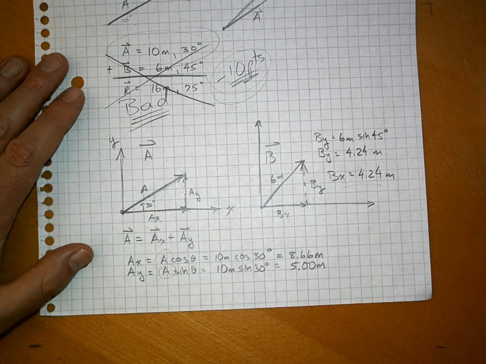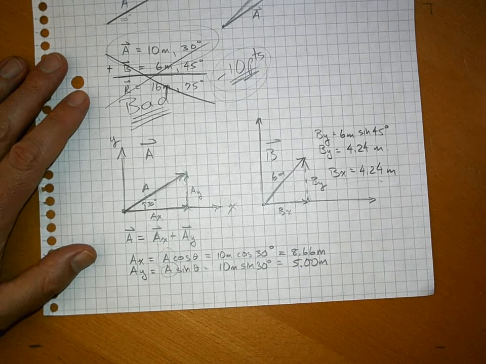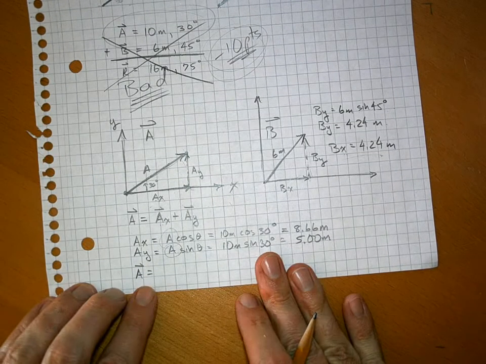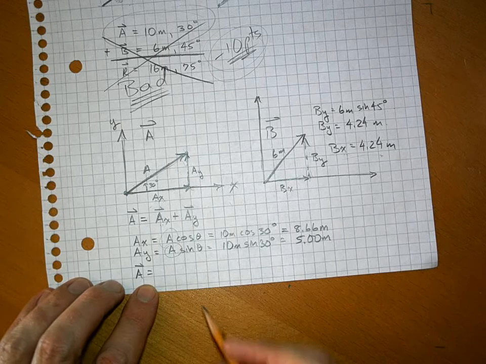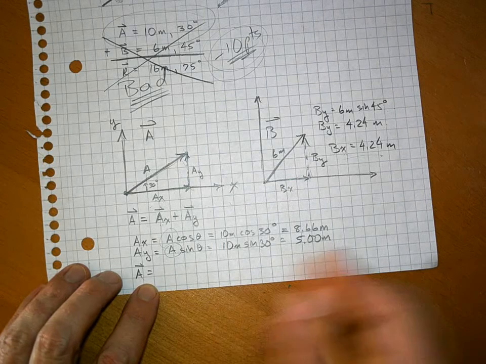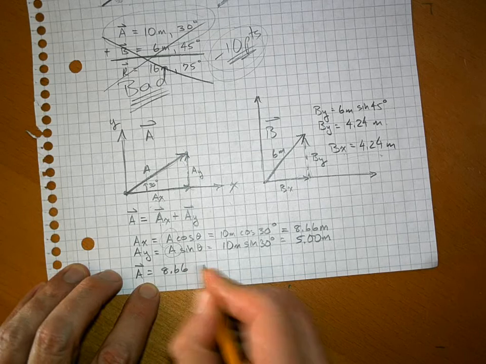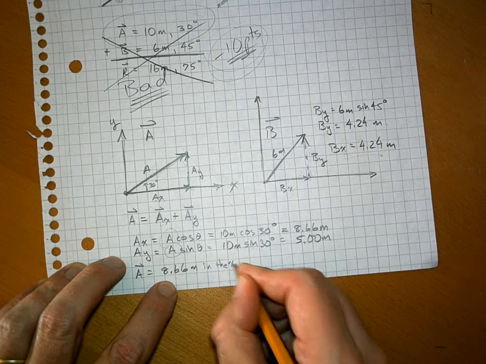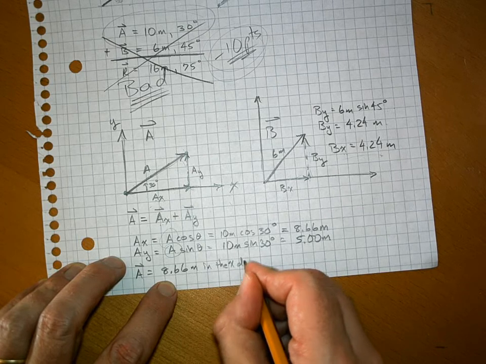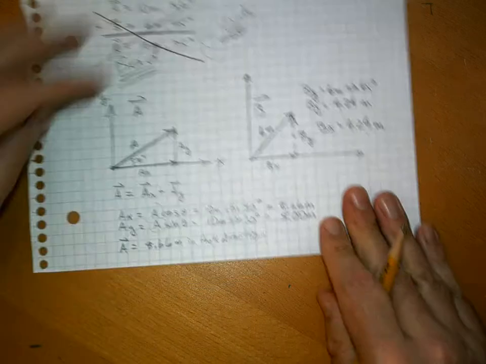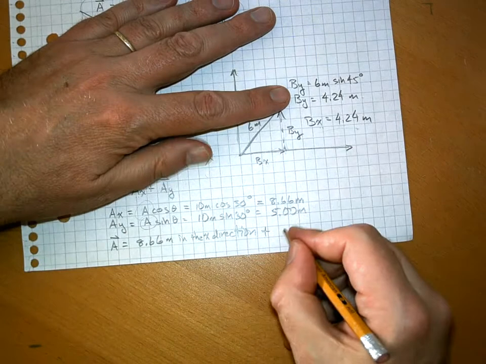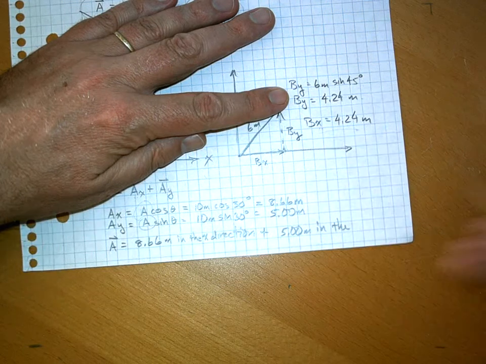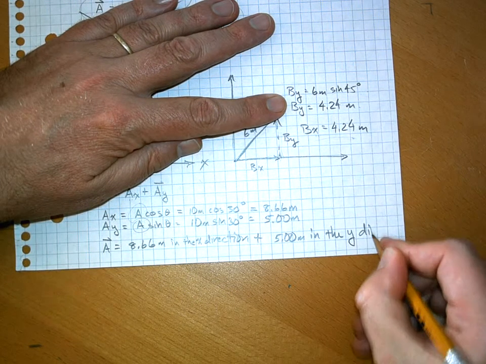Now, let's write down vector A again, but with the numbers that we got. Vector A is equal to 8.66 meters in the x direction, plus 5.00 meters in the y direction.